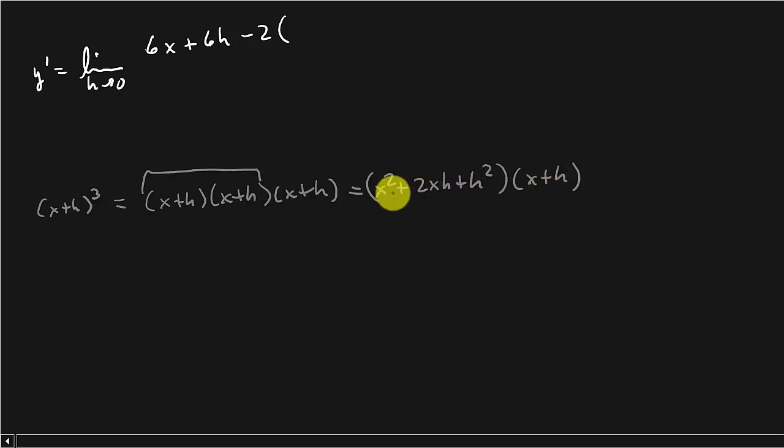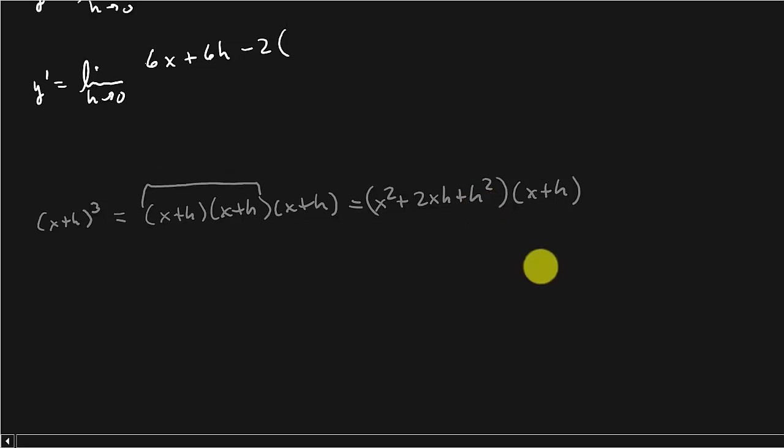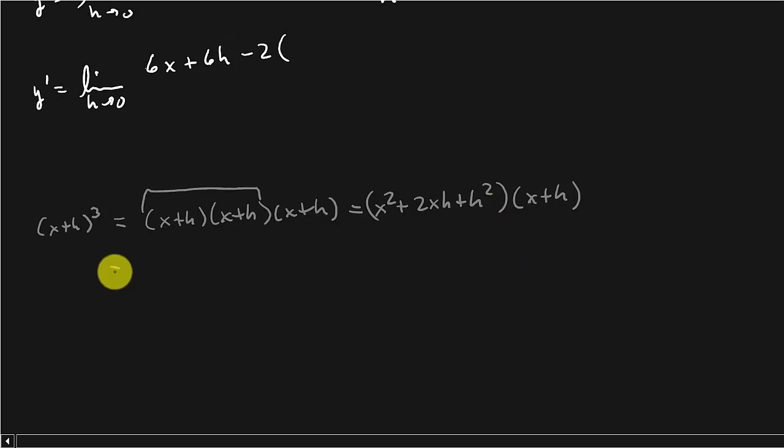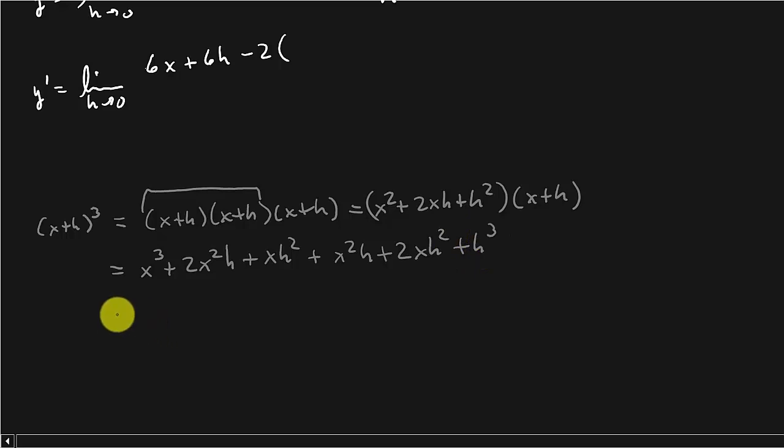I'm going to take the x, multiply it times each term, the h, multiply it times each term, and then combine like terms. So this gives me x cubed plus 2x squared h plus xh squared plus x squared h plus 2xh squared plus h cubed. Let me make sure I did that right.